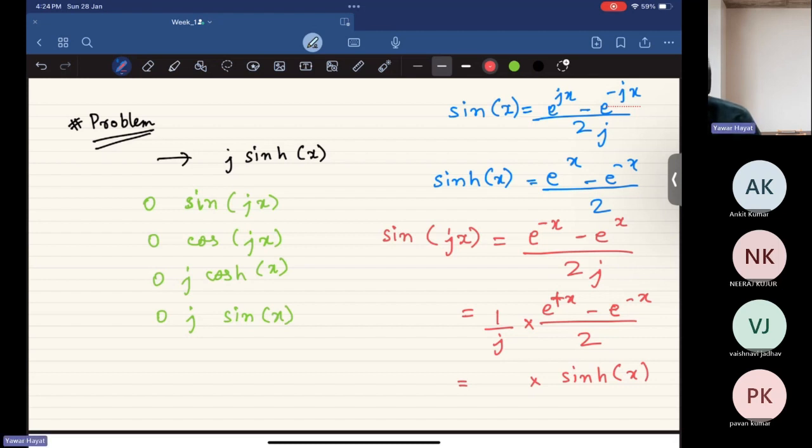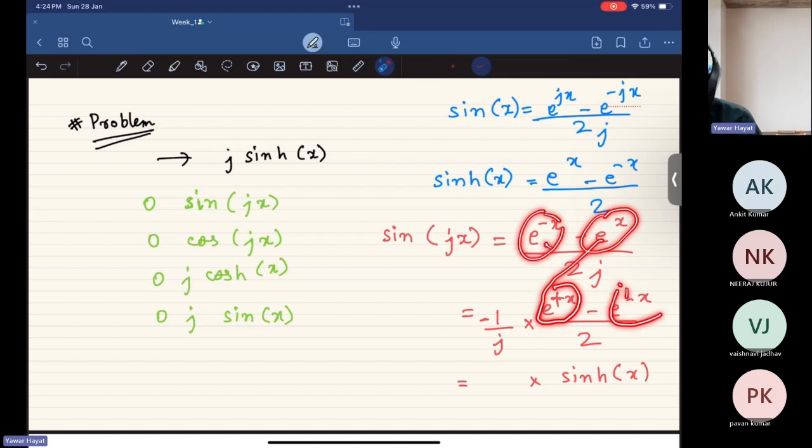Minus j. But did I miss out a sign in between? It should be minus 1 by j, right? Because I took out a minus sign here, that's why I was able to write this e power x and e power minus x.